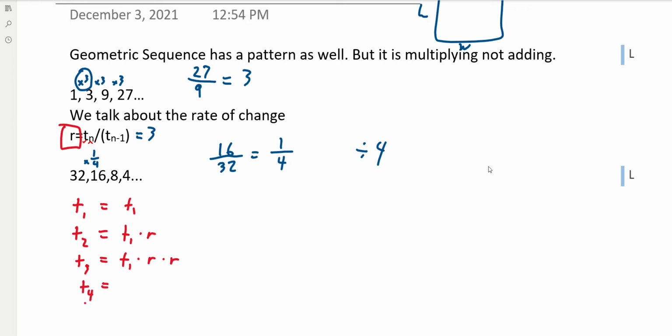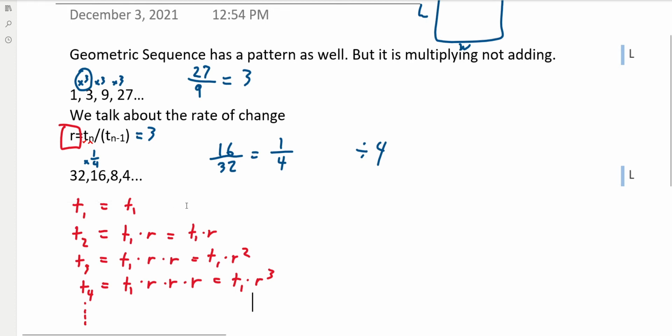T4 is T1 times r times r times r. So we could simplify these to T1 times r, T1 times r squared, T1 times r cubed, and so forth.